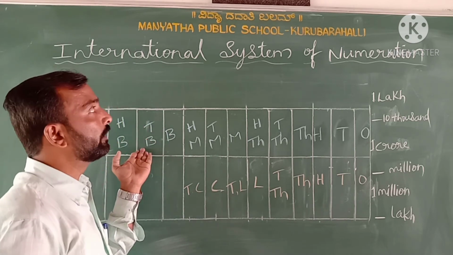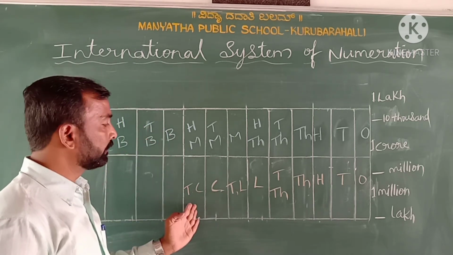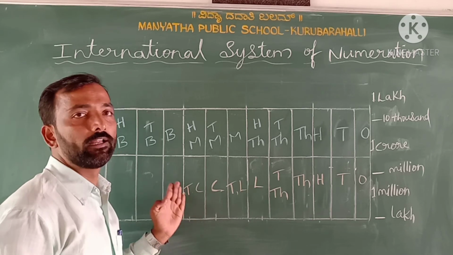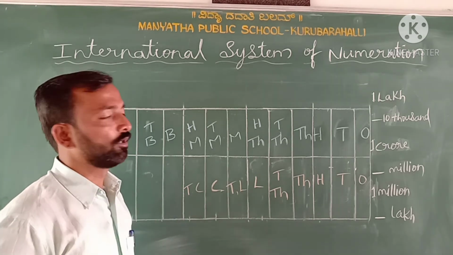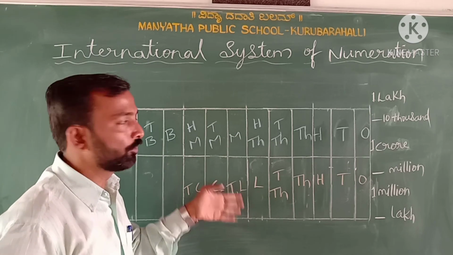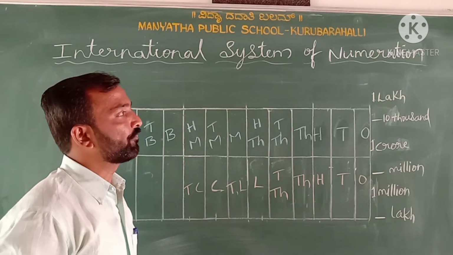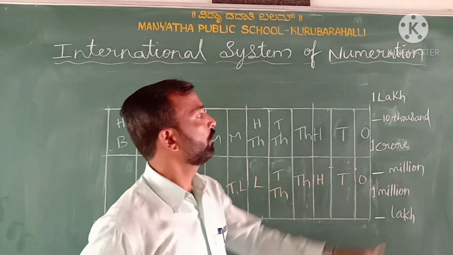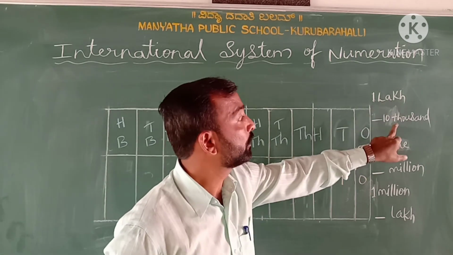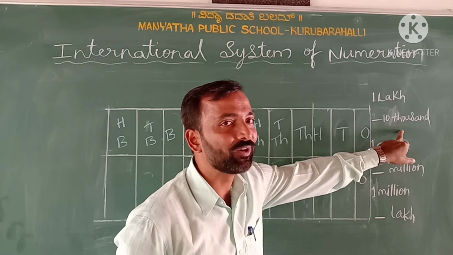This one is the international system of numeration, and this is the Indian system of numeration. With the help of this table, you can easily identify the answer.